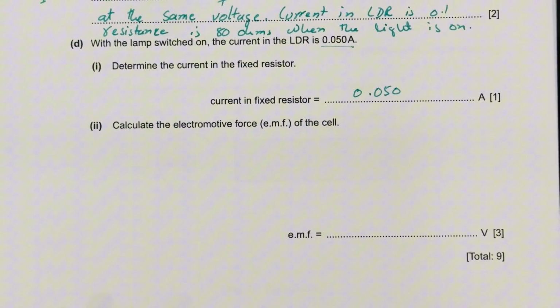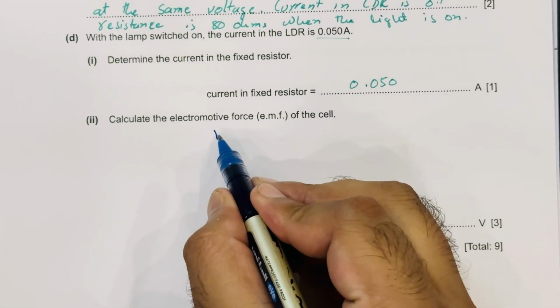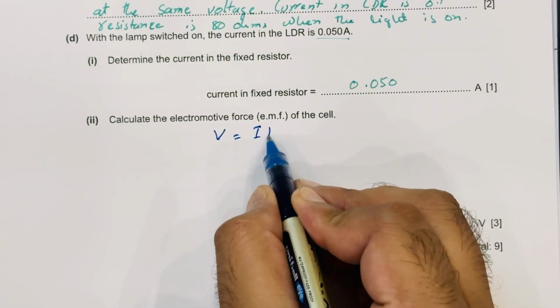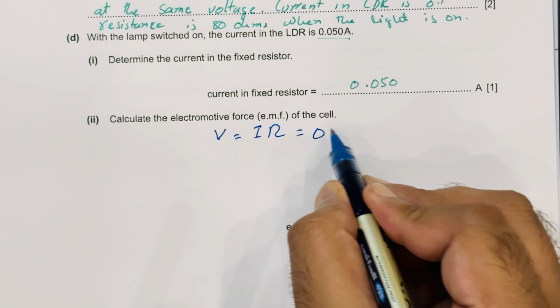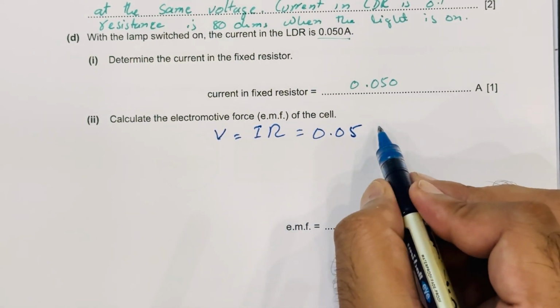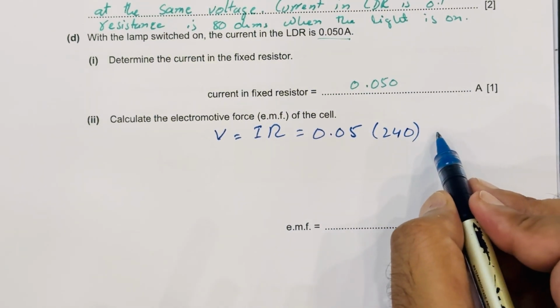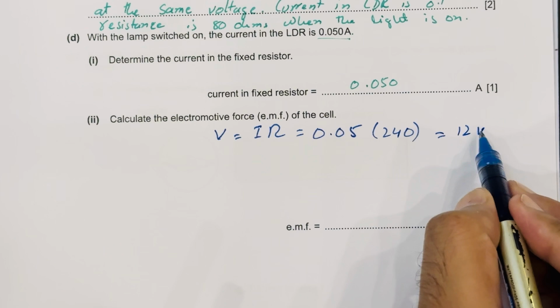Next part, calculate the EMF of the cell. We know the formula for the potential difference, V equals IR, and we know the value of current is 0.05 and the value of resistance is 240. We get a value of 12 volts.